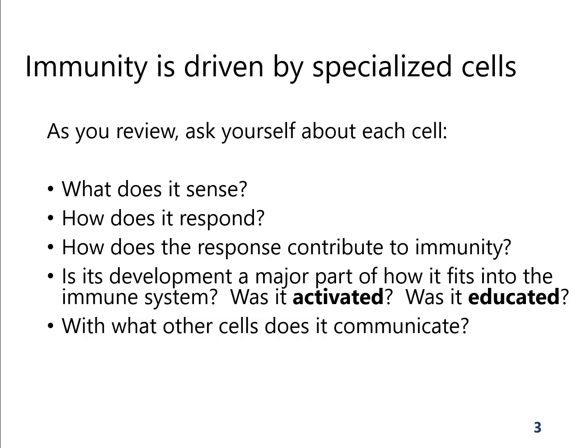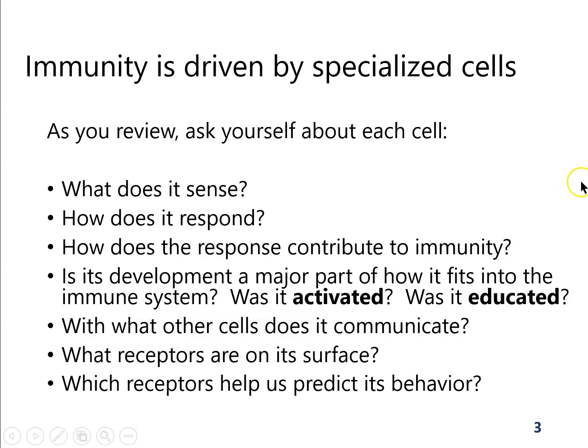A lot of different cells we will look at have multiple behaviors they can do, multiple states they can be in. And so what causes them to go from one state to another, to go from naive to not naive, etc. And things like that. What else does it do? Does that cell communicate with others? What receptors can we see that would help us identify it?